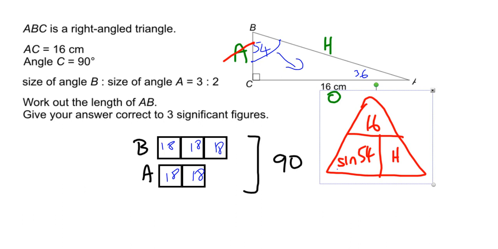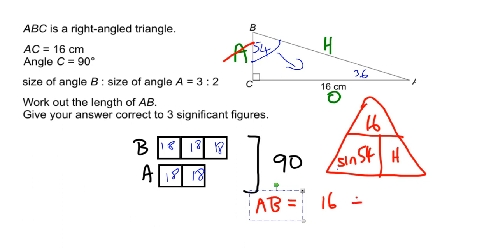So I can say that my hypotenuse AB is going to be 16 divided by sine 54. That's quite a complicated question, but it's right at the end of your paper. 16 divided by sine 54, and I get that to be 19.77 centimeters.